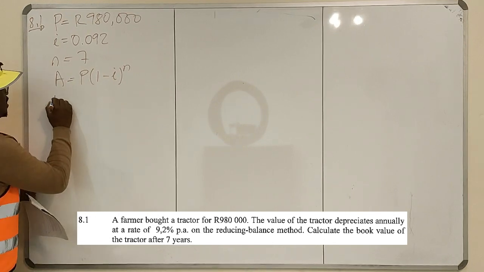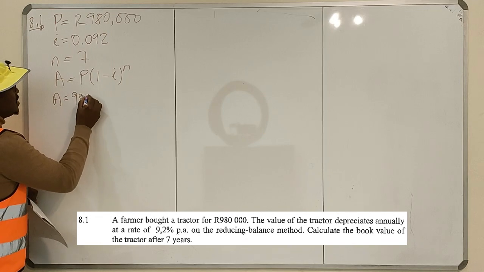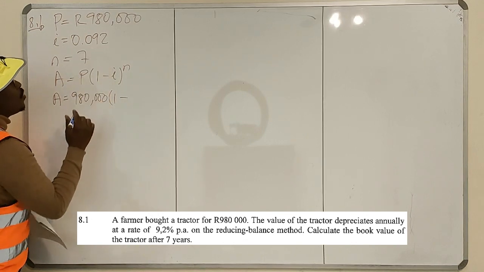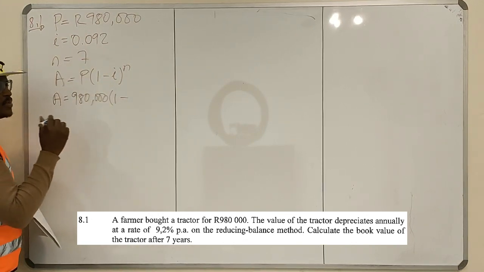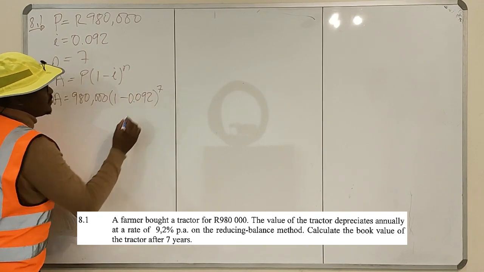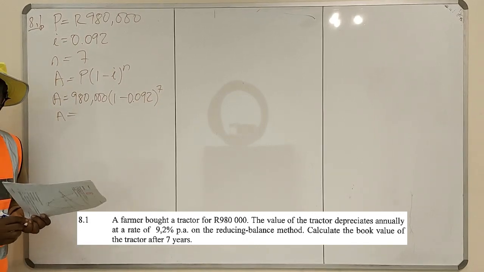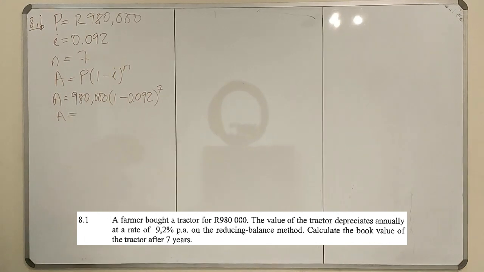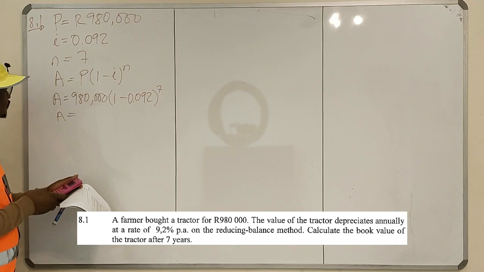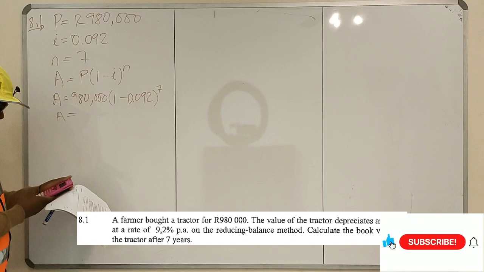So your A will be equal to P, the purchase amount, which is 980,000, times 1 minus the rate of depreciation, 0.092, raised to n, which is 7. So A will give you the book value after 7 years of depreciation. So let's get that: 980,000 times (1 minus 0.092) raised to 7.